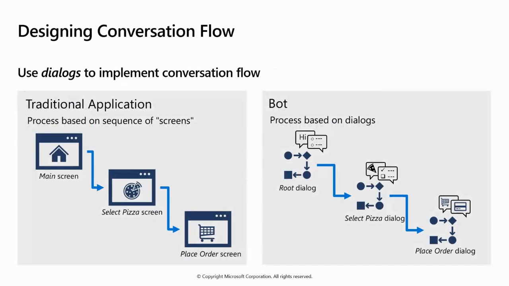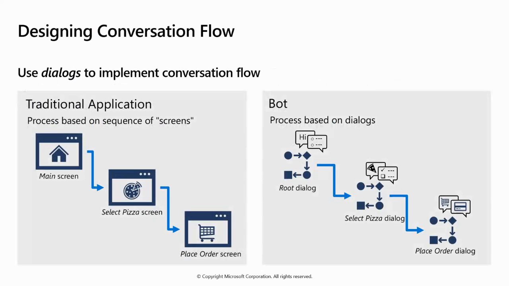On a website for ordering pizza, for instance, the user might start on the home screen. Then the user can choose an option to see what pizzas are available. And then this moves the app to the select pizza screen.